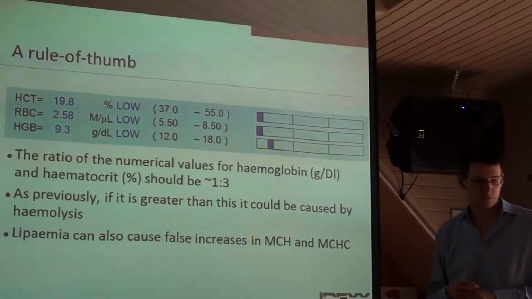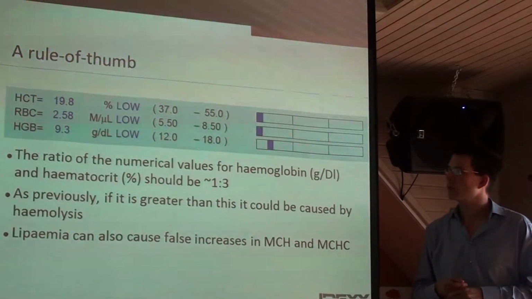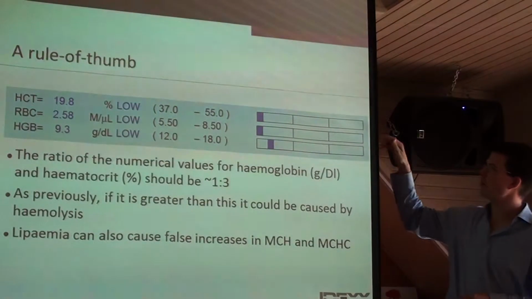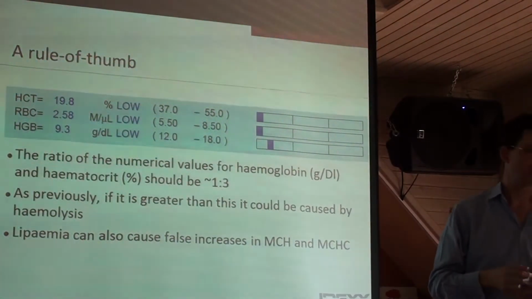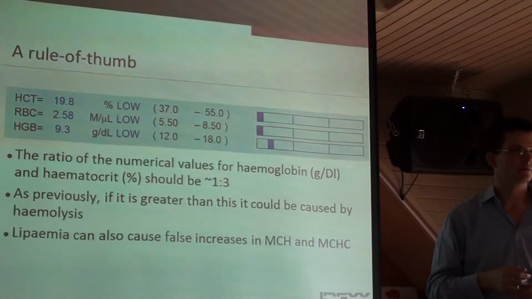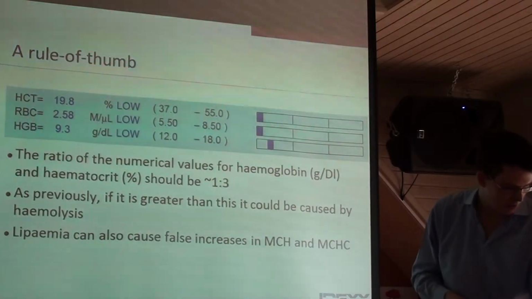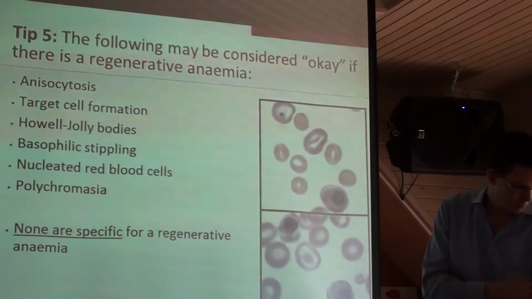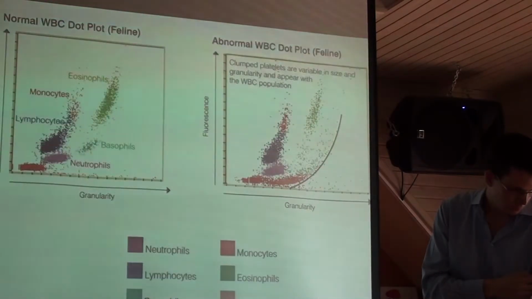Ja kui nii palju punaseid vereliblesid on katki läinud, siis tõenäoliselt on ka küllalt suur hulk valged vereliblesid katki läinud. However, if this hematocrit were, let us say, 25 percentage points, I would be much less concerned about the magnitude of hemolysis. Siis ta ütleb, et ta oleks märksa vähem mures selle hemolüüsi hulga pärast.